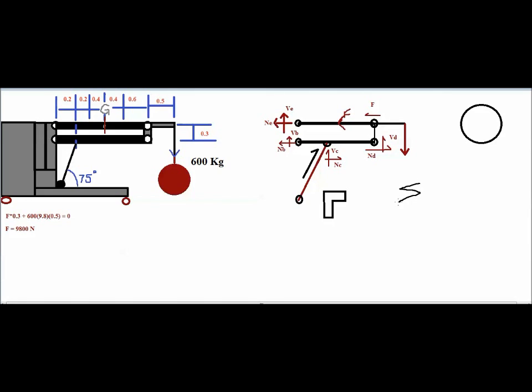So it is the summation of all the moments created at the point B, is equal to 0. I use this particular equation, and I'll write it down over here, and then I'll solve it, and I'll go through each and every step so that it's clear.